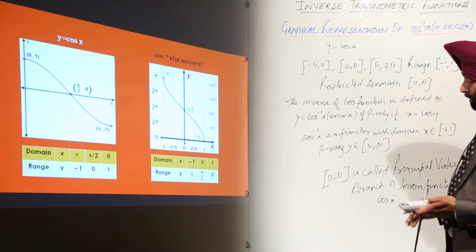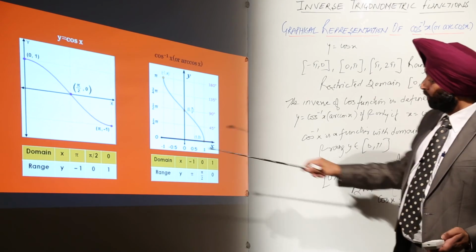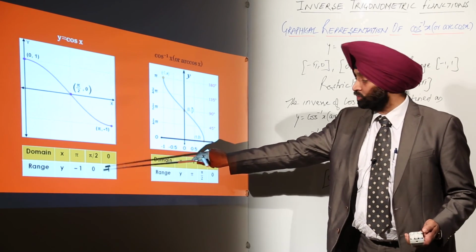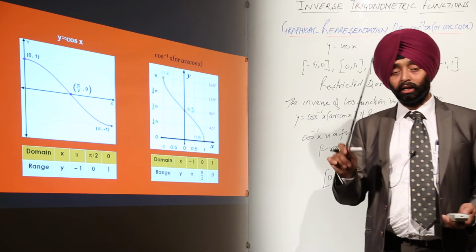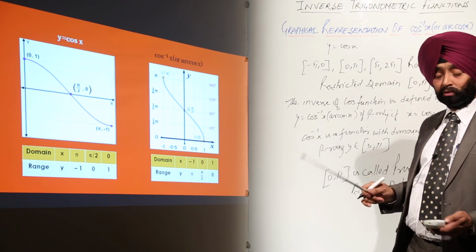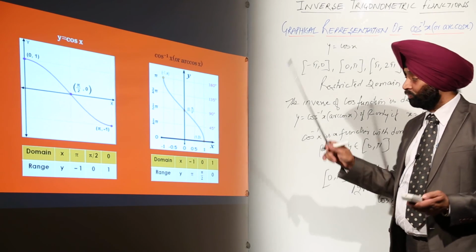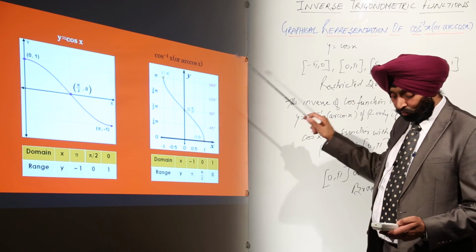Basically, when domain converts to range and range to domain, the trigonometric function becomes one-one onto, and then we can find the inverse of it, and this is the figure for the inverse part.